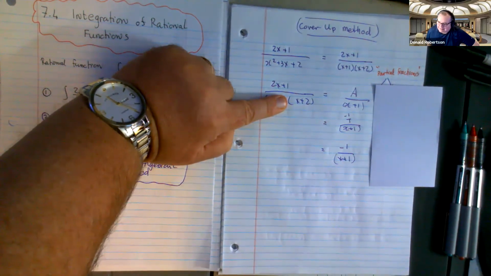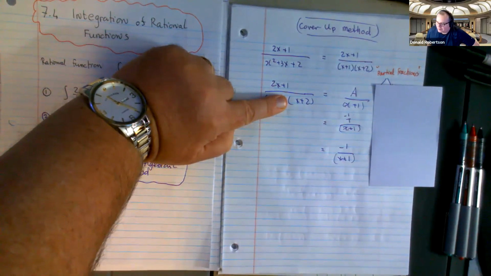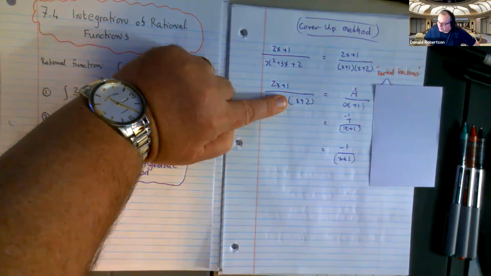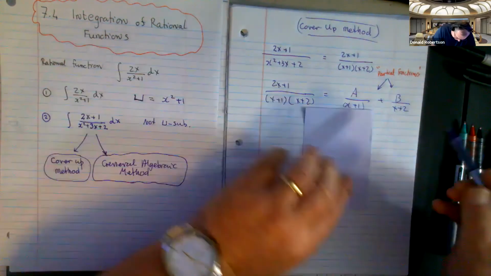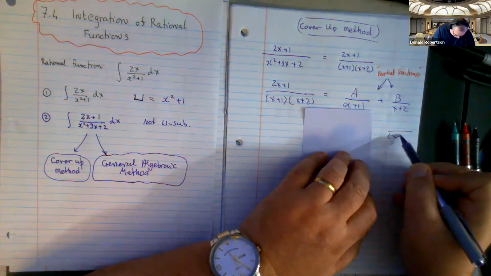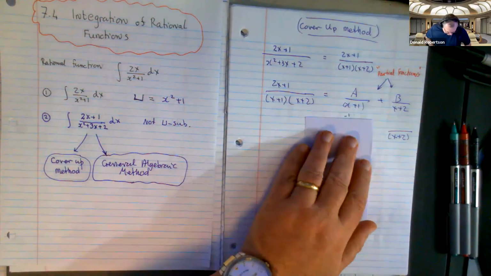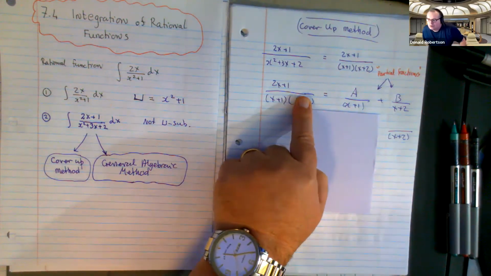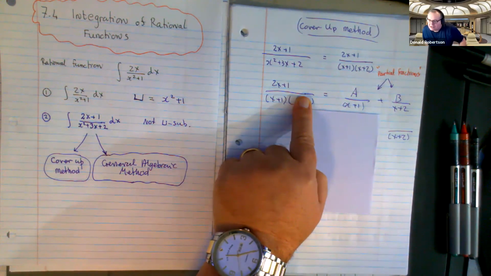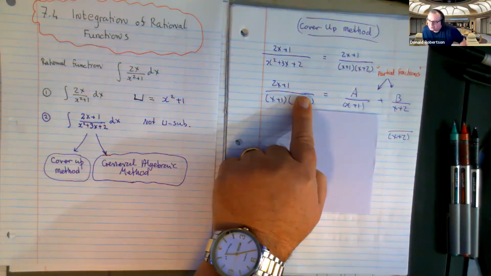Would you also agree you can't really write that down as a formula? It's helpful to use your finger to cover things up. Right, let's go for the other one. The x plus 2. If you want the x plus 2, you cover up x plus 2. What value of x makes x plus 2 zero? -2.